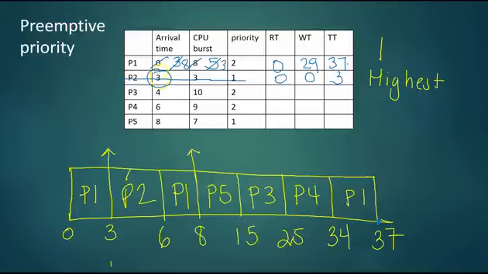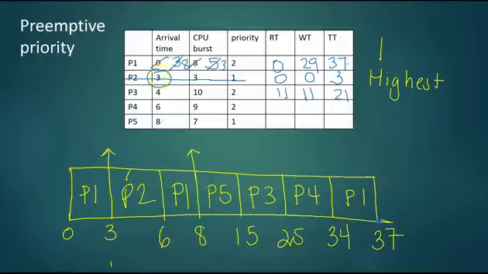P3 arrived at time 4 and eventually got the CPU at time 11, so P3's response time was 11. P3 finished at time 25, and so P3's turnaround time is going to be 21. And if you take a look, P3 spent 10 time units on the CPU and 11 time units waiting. Then we have P4.